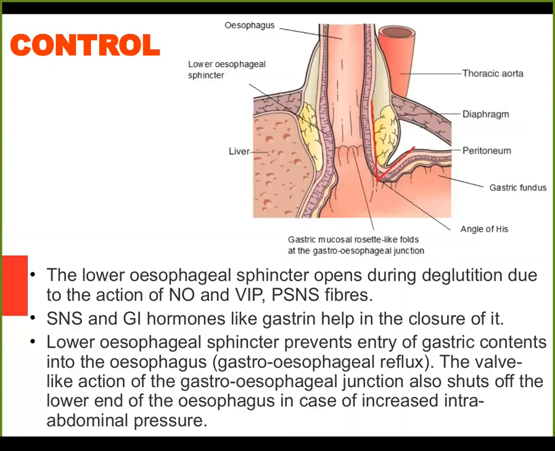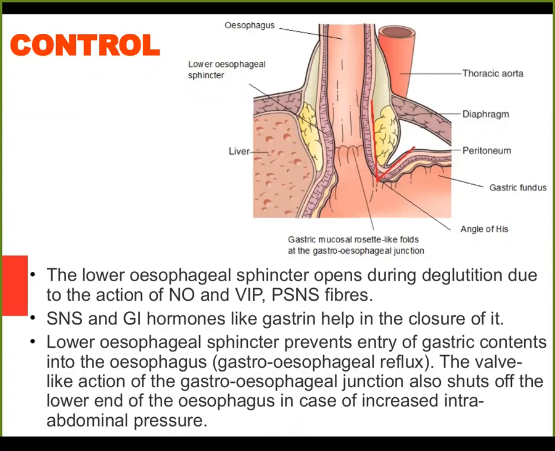But let's return to digestive processes. After swallowing, food comes through the esophagus into the stomach.